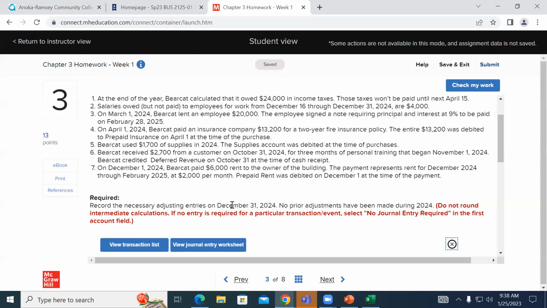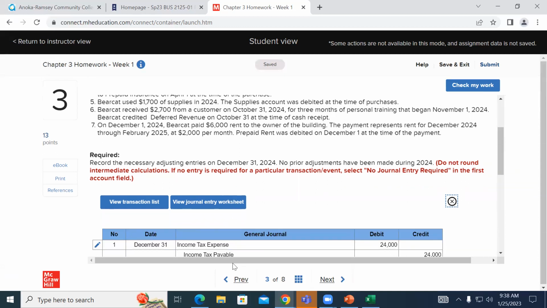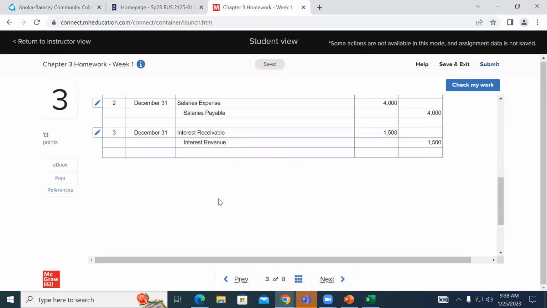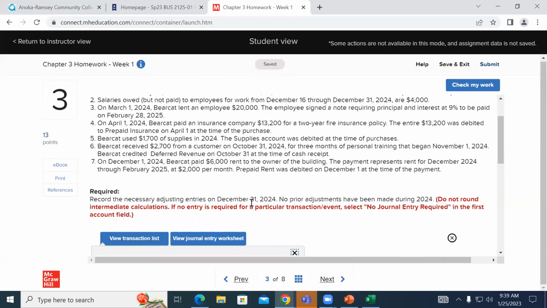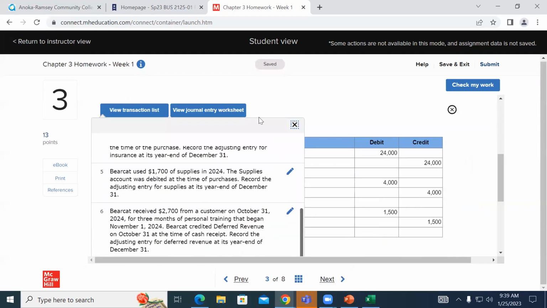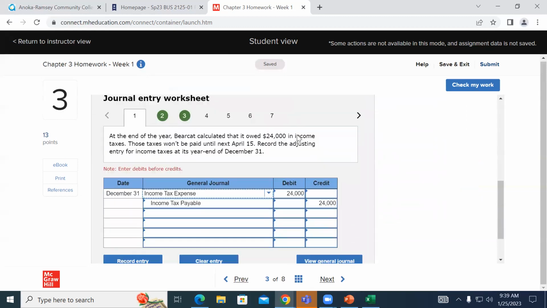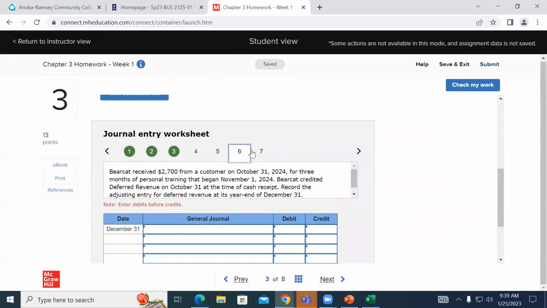So initially they debited cash, they credited deferred revenue. Aren't we going to show this? Let me find new transaction list. New journal entry. Aren't we going to, for number 6, debit deferred revenue to reduce it for 1,800?